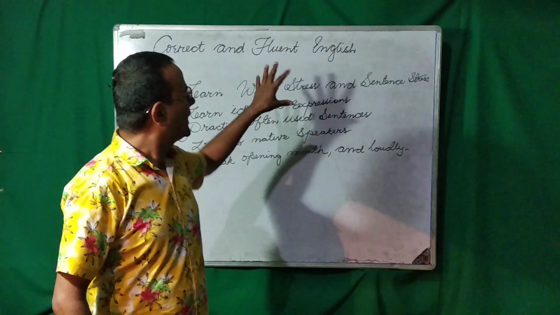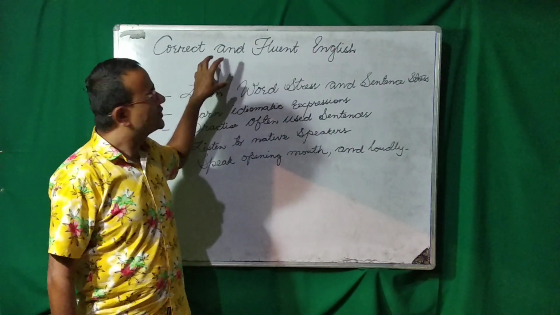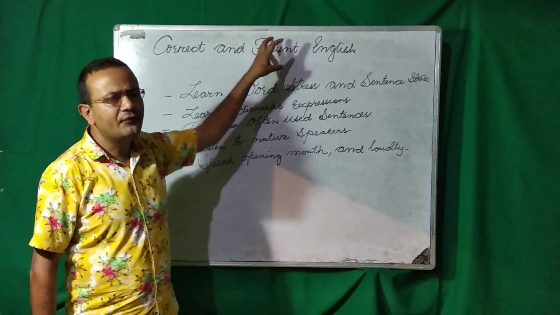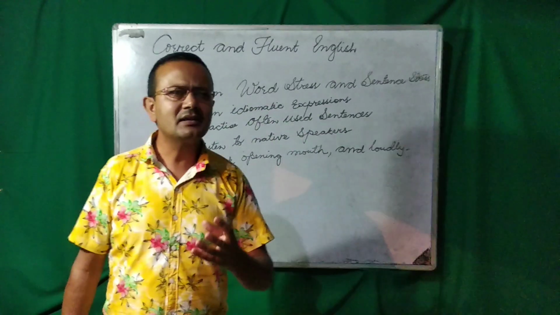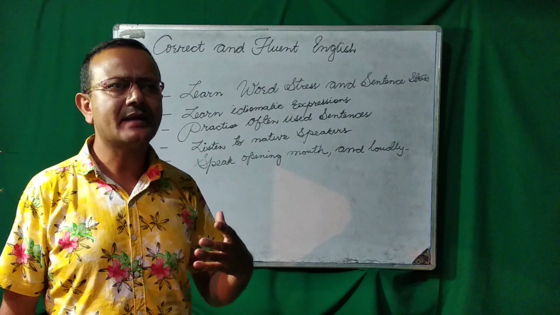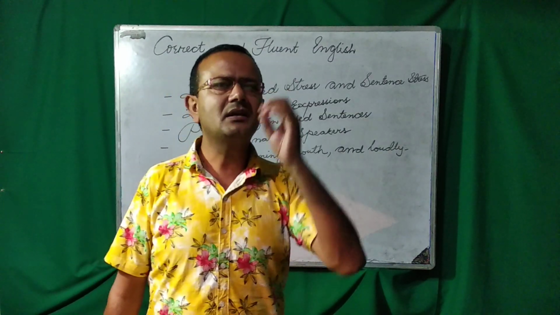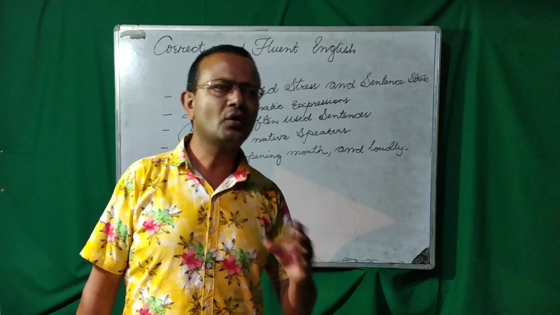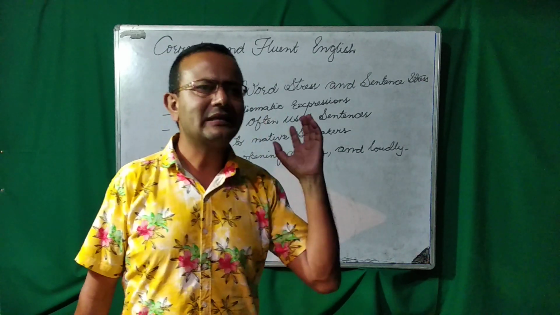So to recapitulate, I wanted to say that if we want to speak correct and fluent English, you may have the question, how do we speak correctly and then fluently at the same time? Connected speech is unlike written English, so we should master these things.